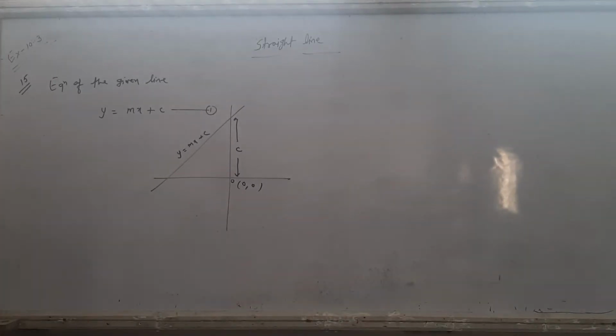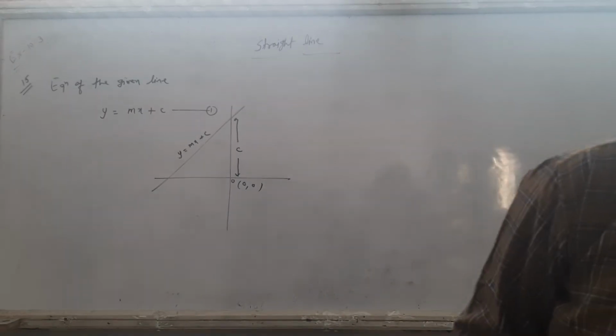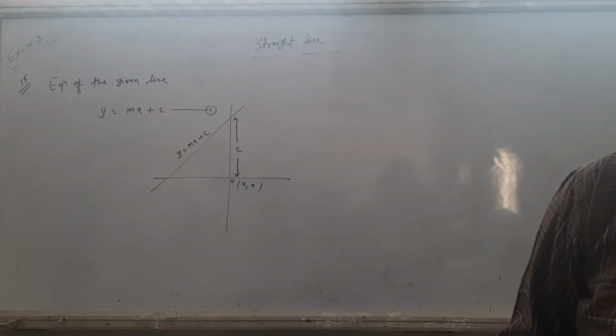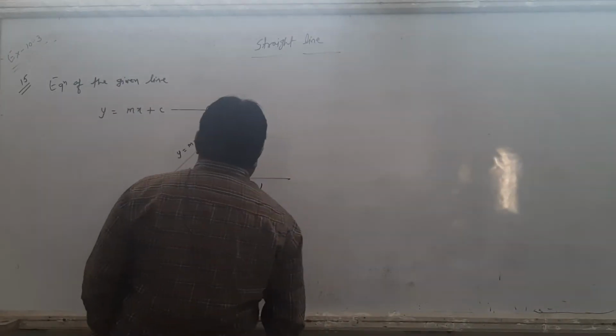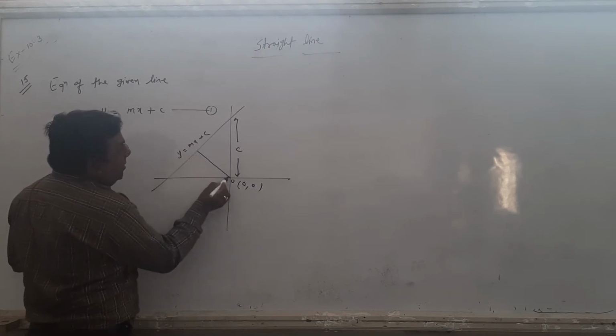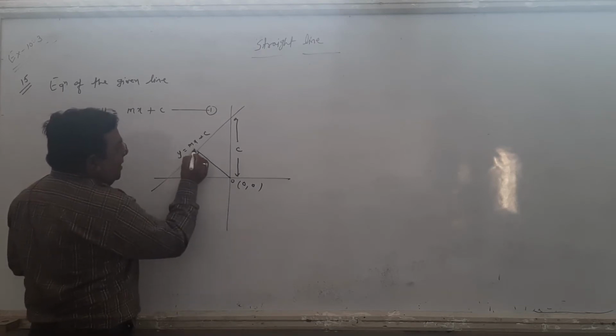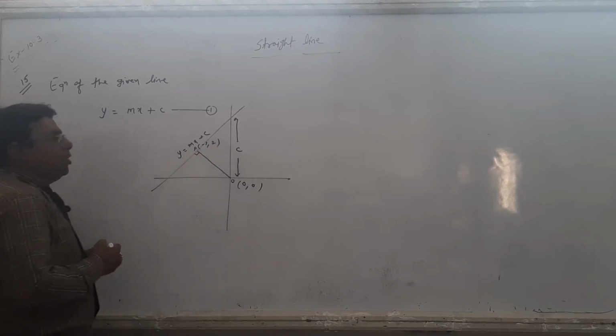But now according to the question, the perpendicular from the origin to the line meets at point minus 1, 2, and find the value of m and c. From this origin, draw a perpendicular on this line. This is OP. And now the P point is given, minus 1, 2. Right?